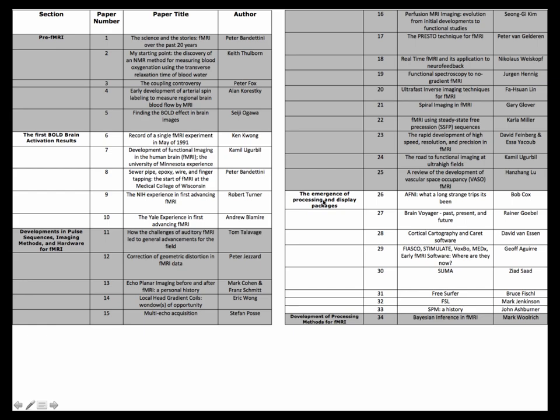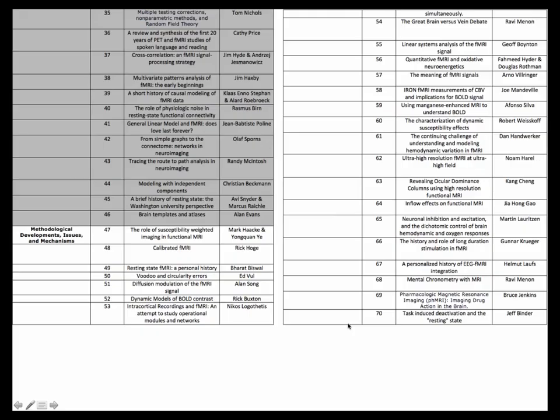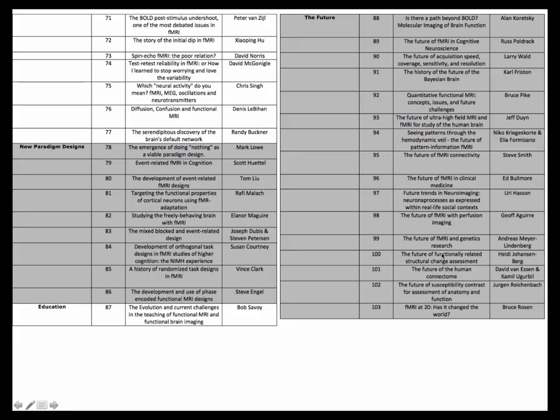The emergence of processing and display packages, the development of processing methods, and other methodological developments. We're always coming up with new ways of extracting information from the fMRI time series, and this is a snapshot of when that occurred. Then new paradigm designs, education, and the future.